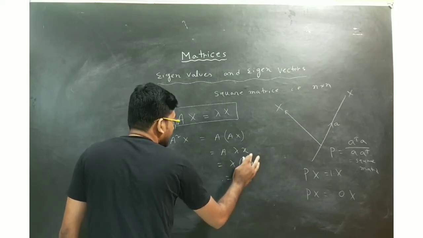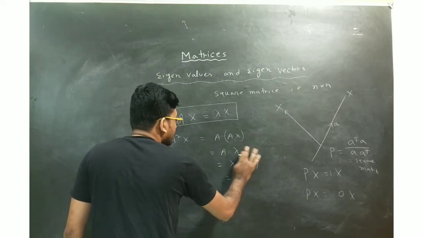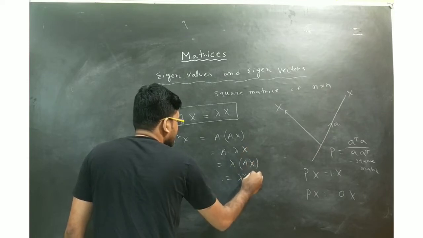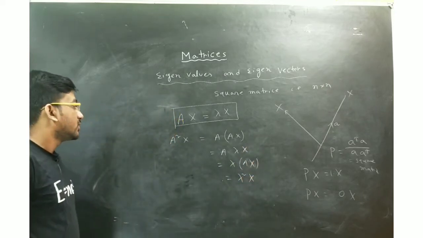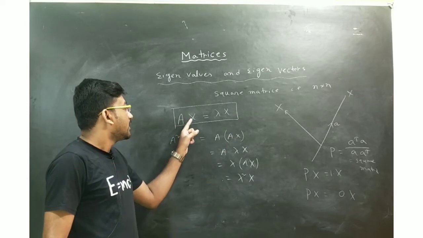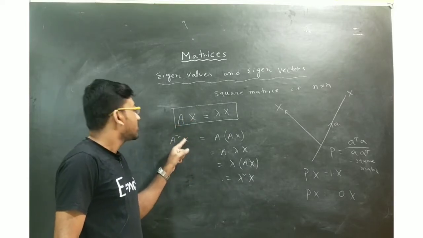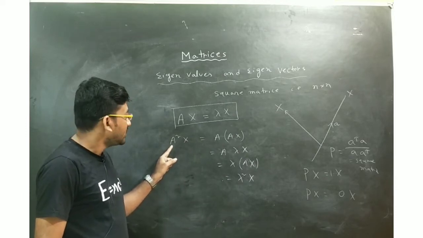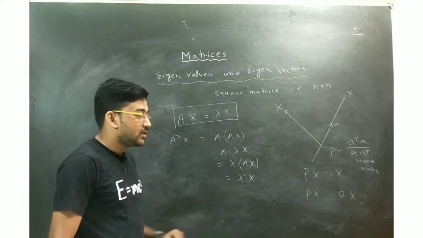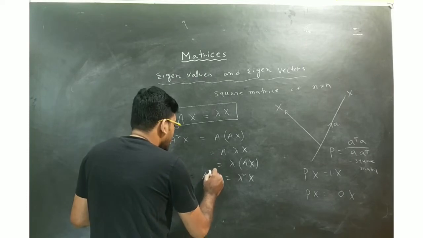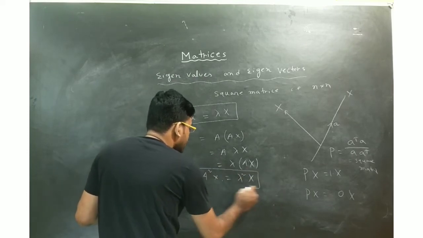So A square x is equal to lambda square x. You can see, if x is the eigenvector corresponding to A, then x is also the eigenvector corresponding to A square. But in this case the eigenvalue is lambda square, because you can see from here that A square x is equal to lambda square x.